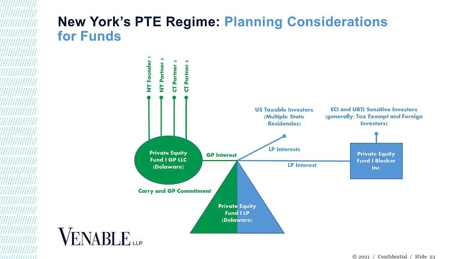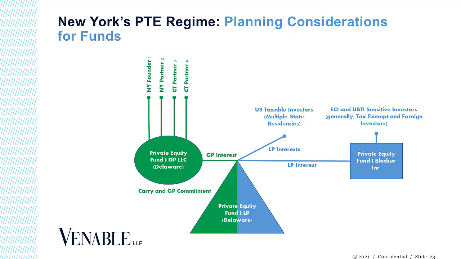X percentage of profits will flow to the GP entity. And there's also a GP commitment that'll be run through this entity also. So it's not just a carry, but sometimes carry plus the capital interest reflecting their GP commitment. That is also a pass-through entity. Should we make the election there? We're going to talk about that.